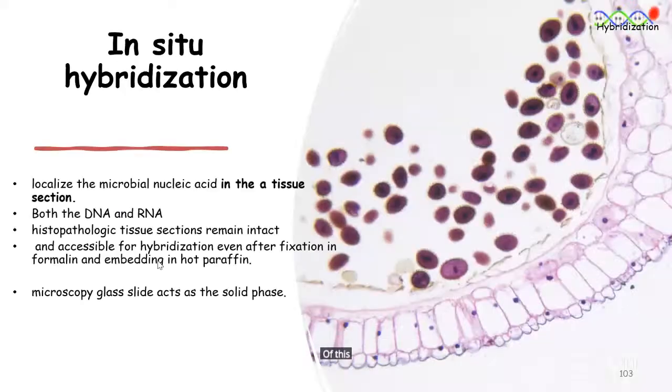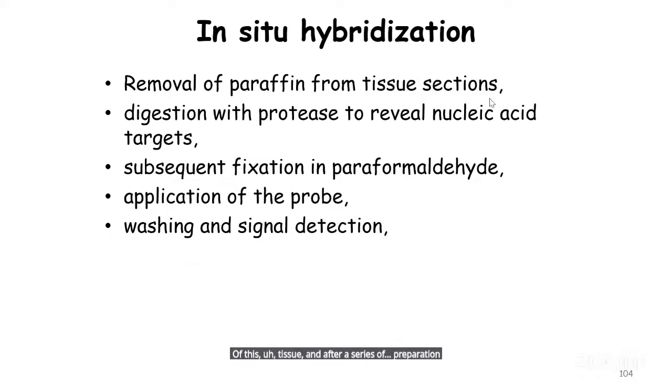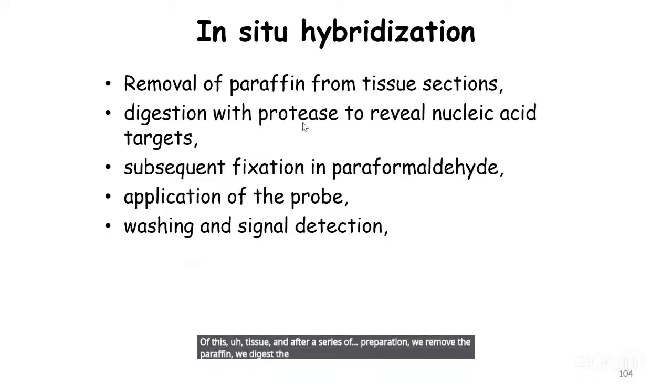So another modification is in situ hybridization. Instead of extracting the DNA from the tissue, we perform hybridization directly on the tissue, maybe the histopathology slide. We prepare a thin smear of this tissue, and after a series of preparation steps, we remove the paraffin, we digest with protease enzyme to reveal the nucleic acid targets, and then we fix it with formaldehyde, and we apply the probe directly on the histopathology slide.